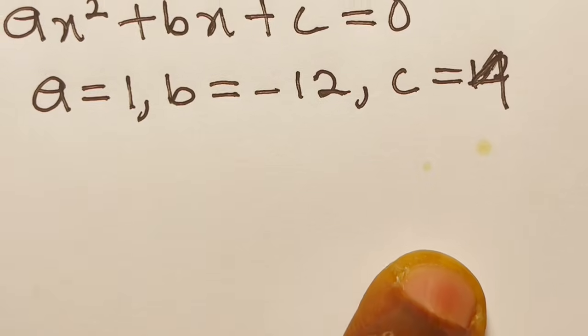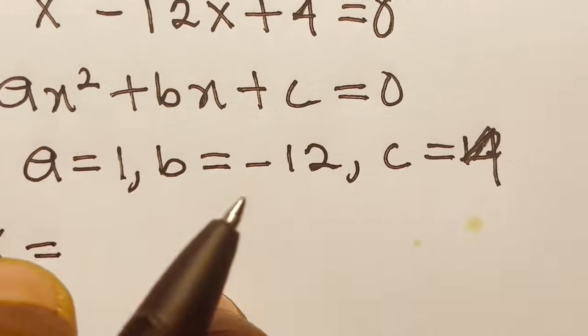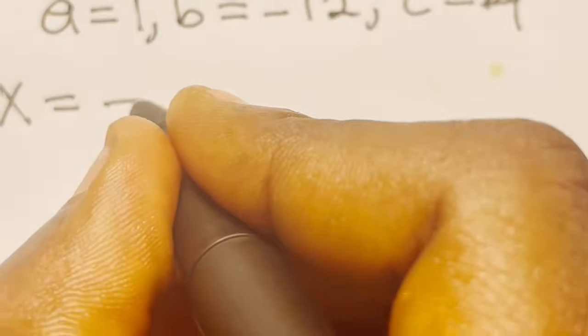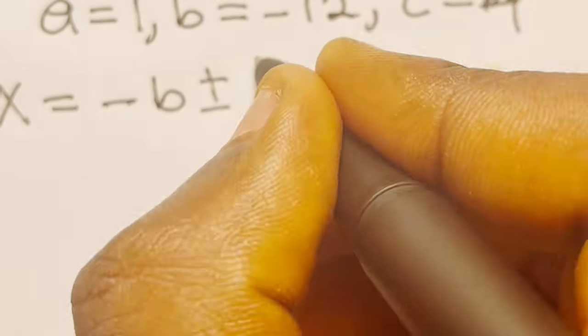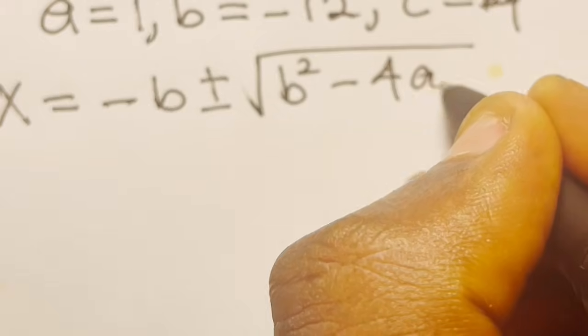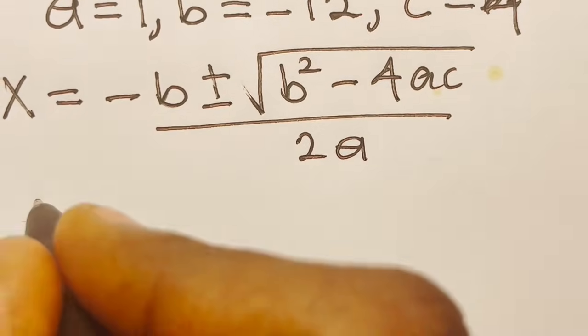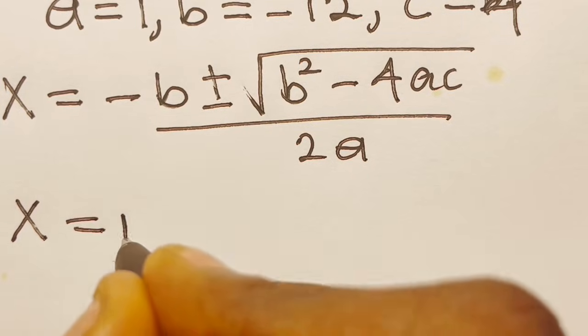So let's solve this quadratically. From the quadratic formula, x equals minus b plus or minus square root of b squared minus 4ac, divided by 2a.